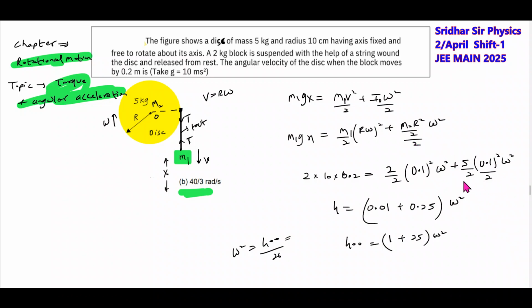This will be the calculation, 0.01, 5 by 4. Huge calculations will be there. This will become 29, omega square will be 1600 by 29.